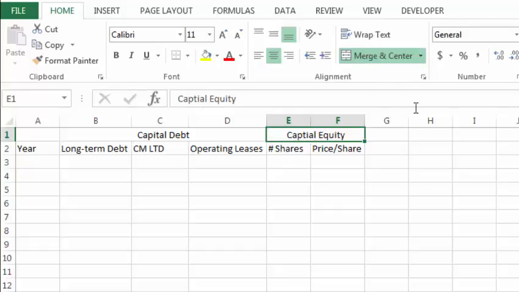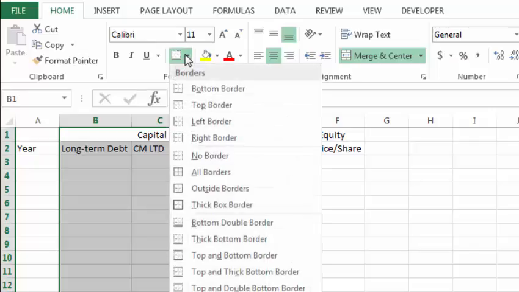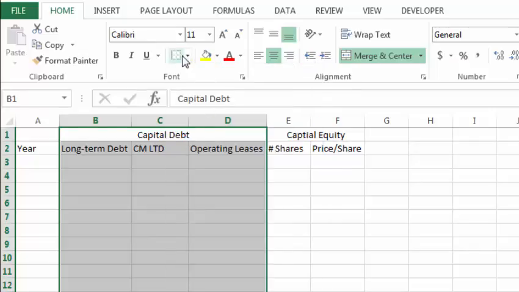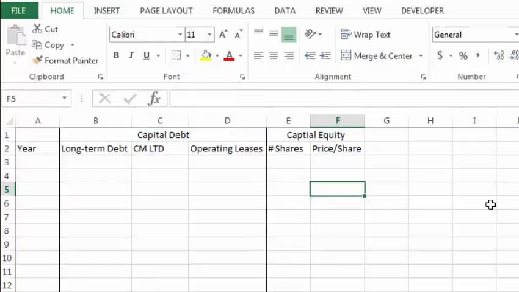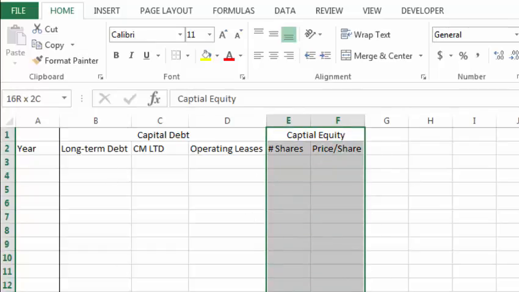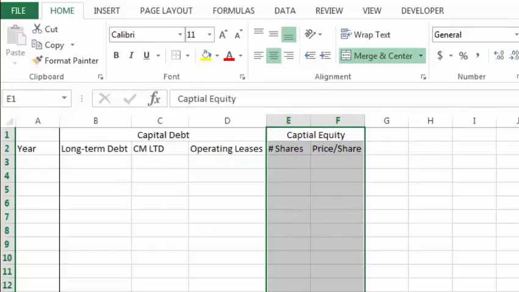And again, I'm going to merge and center. And just to be clear, I could say, let's put up some lines so we can see that this is the debt, this is the equity. In fact, let me draw down here. I don't know that I'm going to need this many, but we'll see how many I need once we get moving.